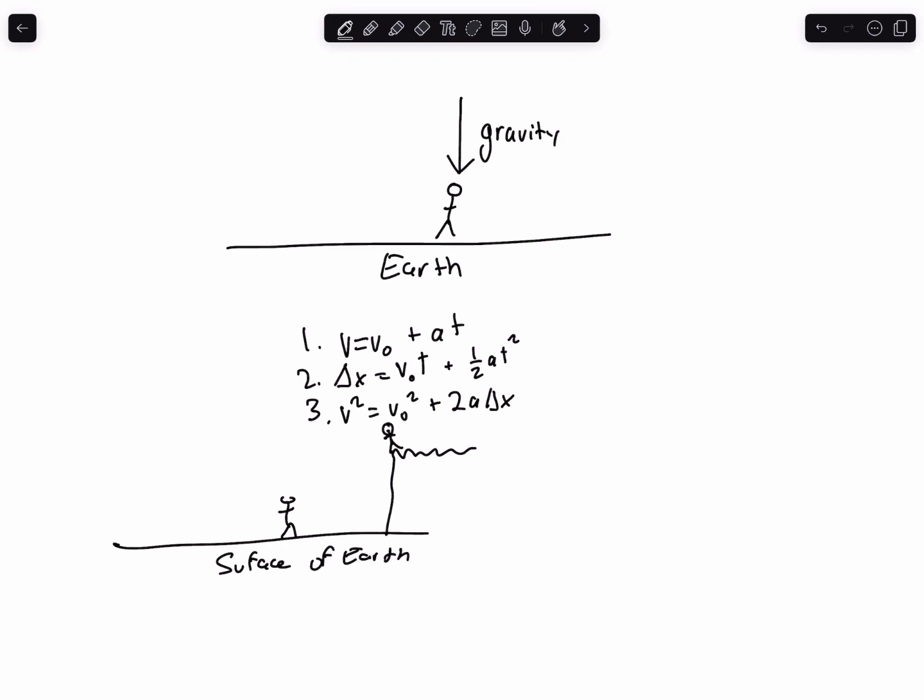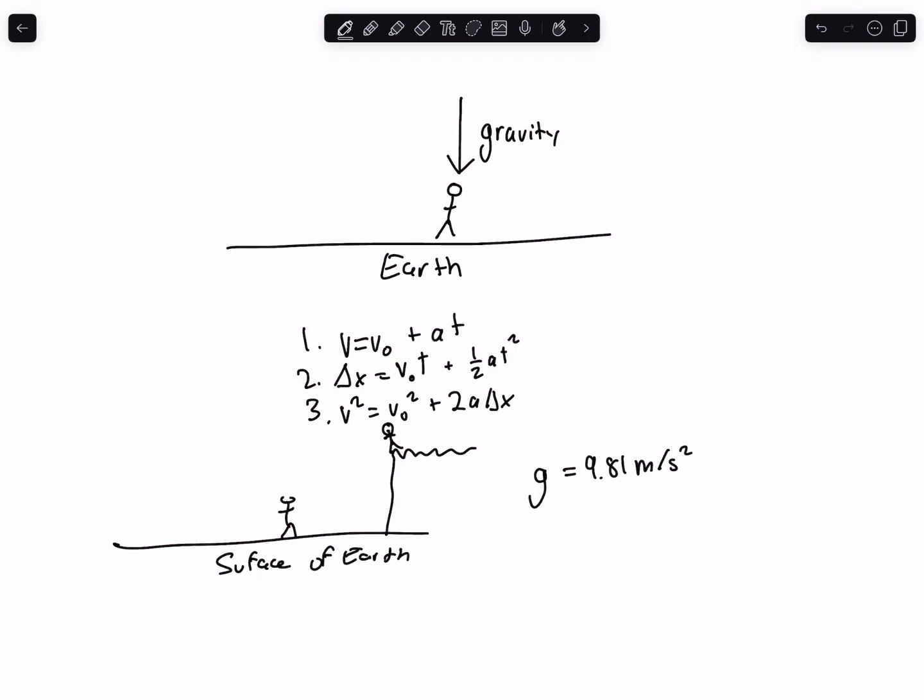Now, why is that important? Why is it important that all of our kinematics problems take place near the surface of the Earth? Well, that's important because of this wonderful little value. G. Wonderful G. G is 9.81 meters per second squared.